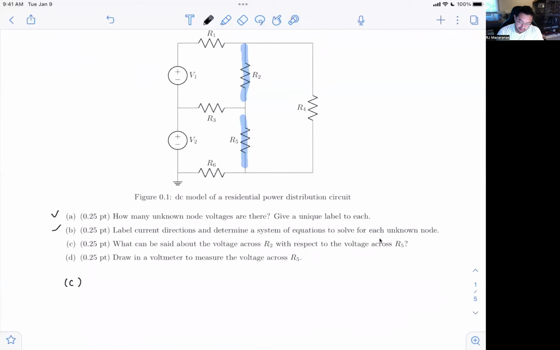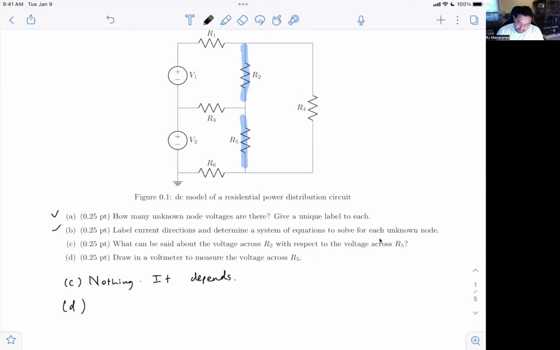We can't really make any judgment calls like, sure, we've got VR2, from here to here, or V2 from there to there, V1 plus V2 from there to there. But we can't really say anything about the drops across these specific elements. So nothing can be said, unfortunately. Might have been tricky for some people, or you could have said, it depends.